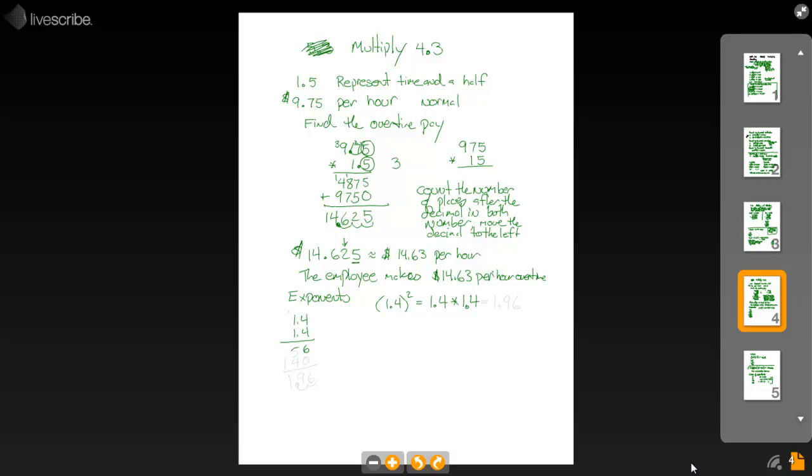Maybe. Because it's a good skill to know that how many places do I move my decimal over? 2. 1, 2. It's 1.96. Questions on that one?